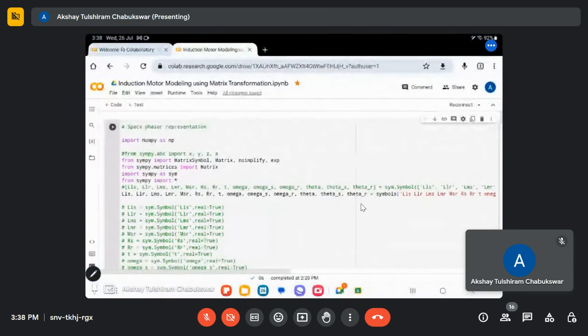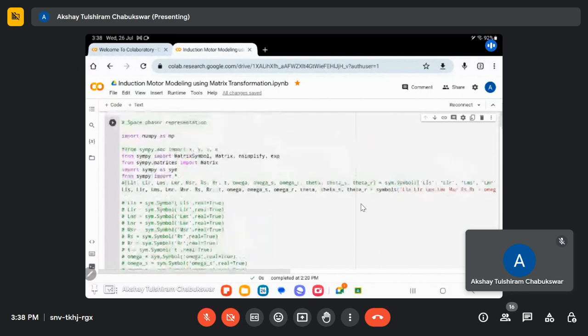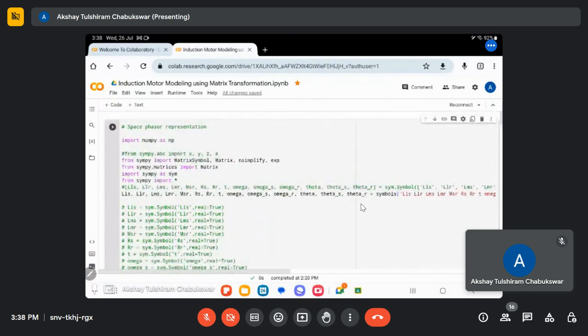Okay. So we'll use the symbolic math tool in Python. What symbolic math means is that you write an equation and you solve the equation. Let's say the equation is x square minus 3x plus 5 equals 0. It is a polynomial of order 2 in terms of known parameters, so the coefficients are 1, minus 3 and 5.